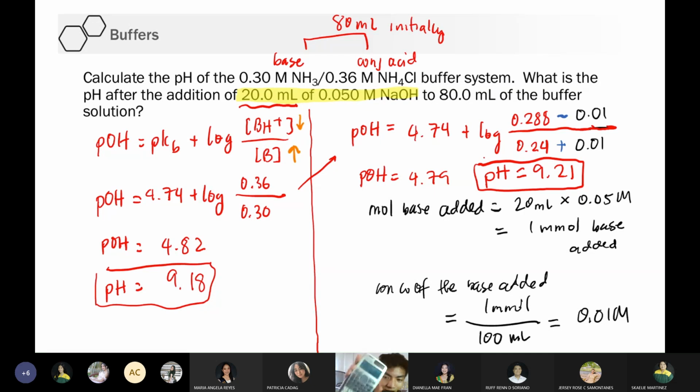Retry na kasi lumabas sa akin 4.79. Recheck nyo na lang. Baka may maling symbol. Baka may nabaliktad lang na symbol. Double check na lang. But the answer is for pOH, that's 4.79.